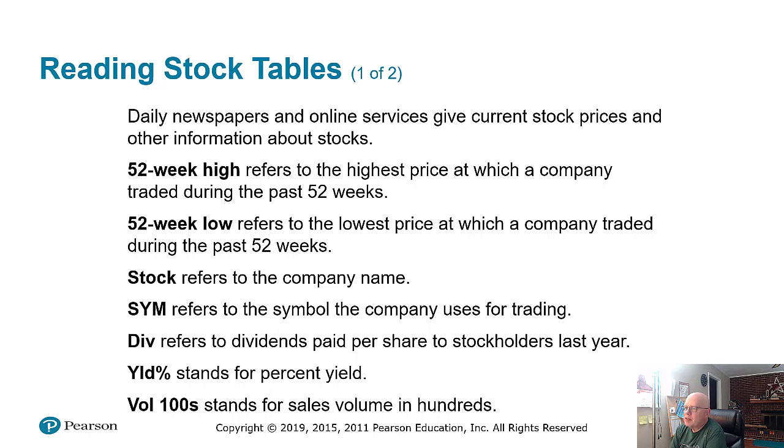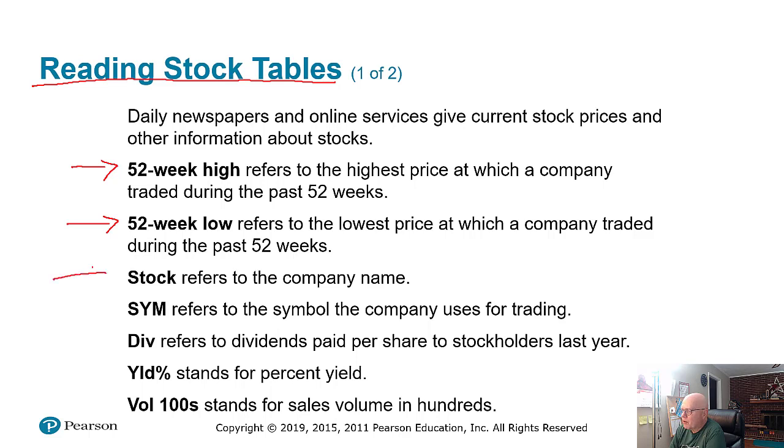Now, what do you see in the stock tables? Some of the things you see are the 52-week high. That's the highest price for the previous 52 weeks or year, not calendar year, just the past 52 weeks. You've got the 52-week low. Those are next to each other on the stock table.